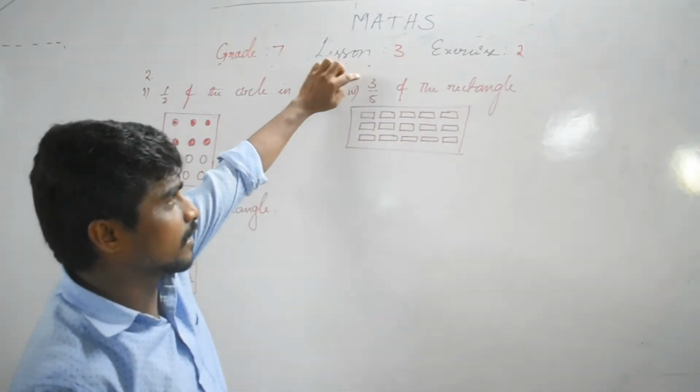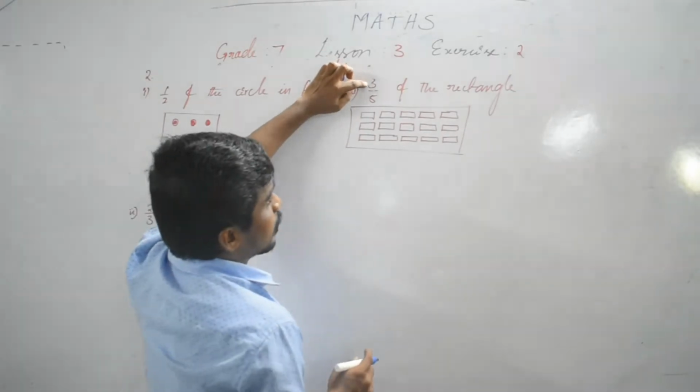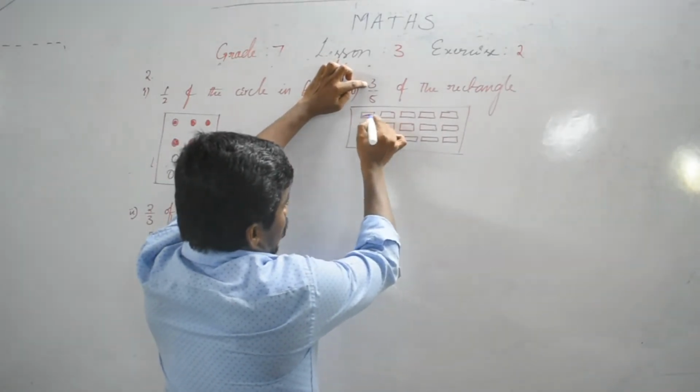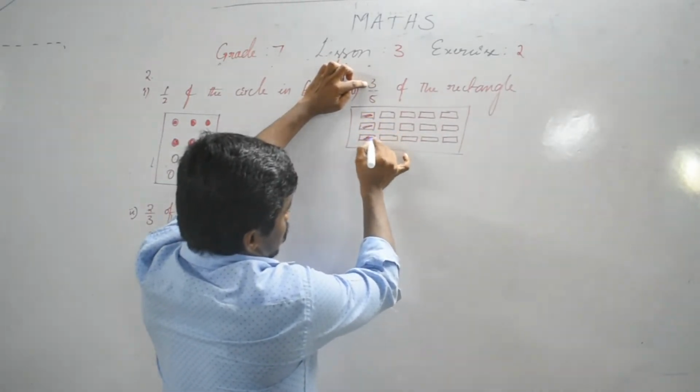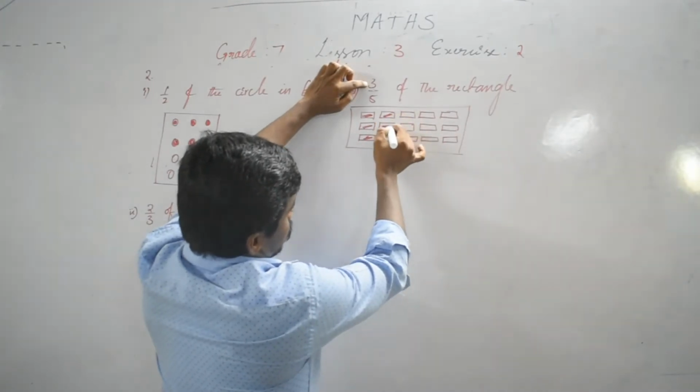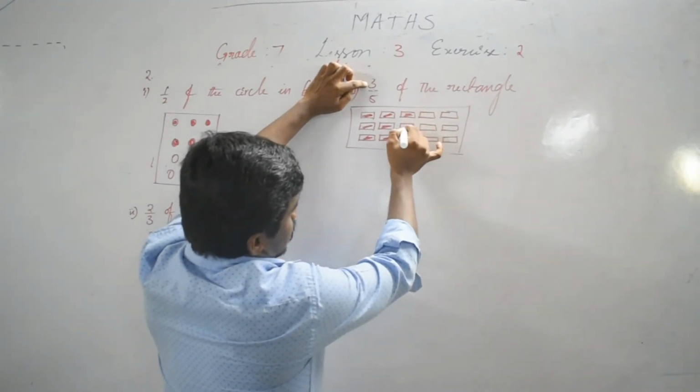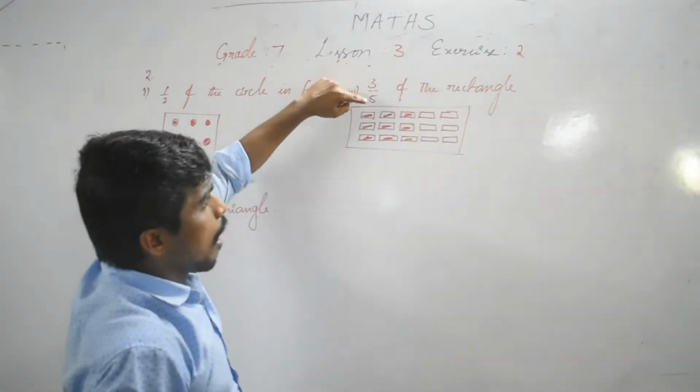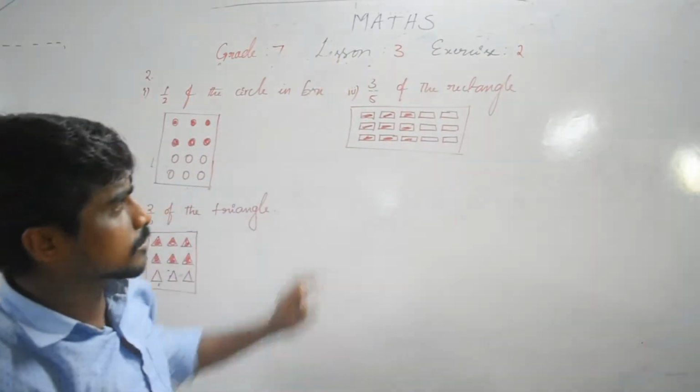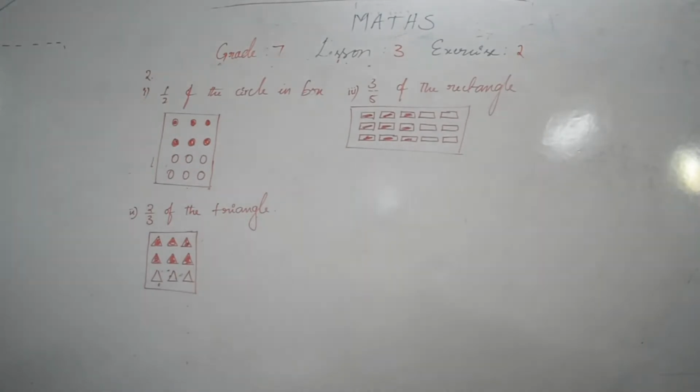So how many rows do we shade? 3 rows: 1, 2, 3. So out of 5 rows, 3 rows of rectangles we have shaded.